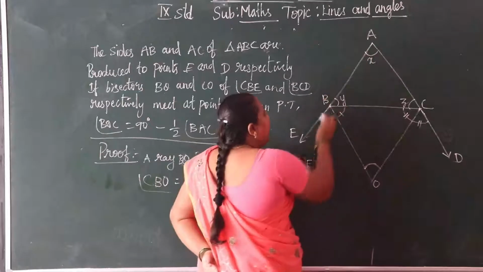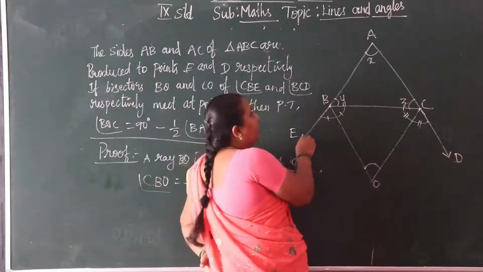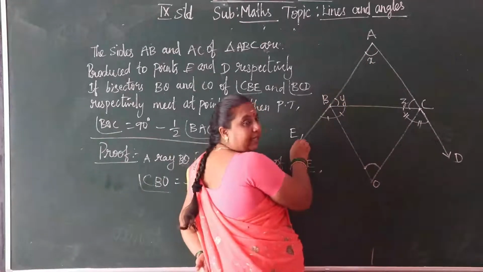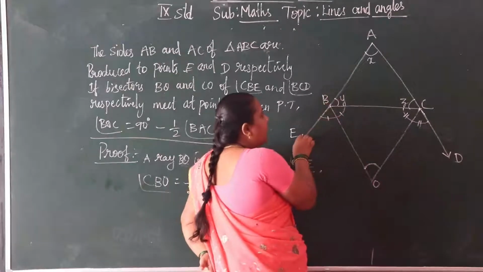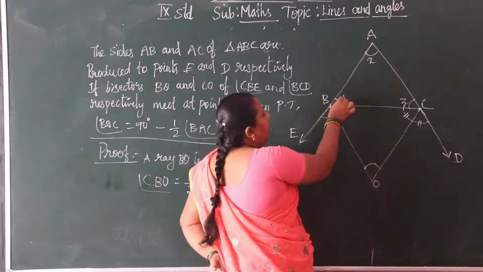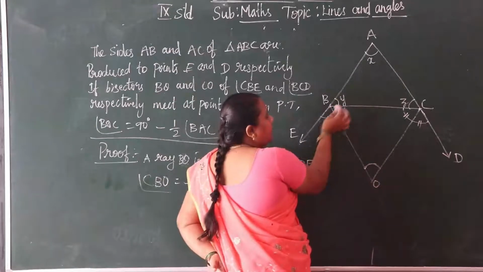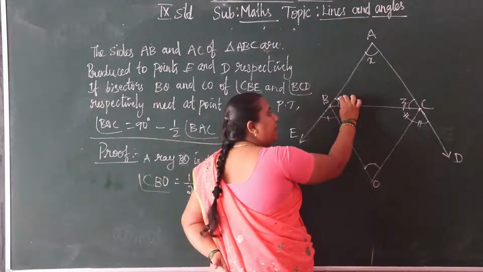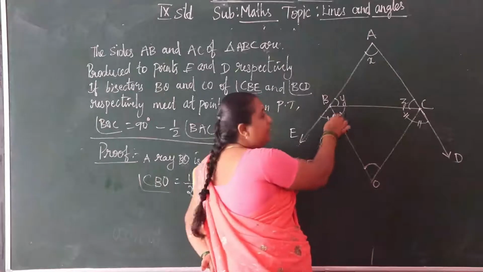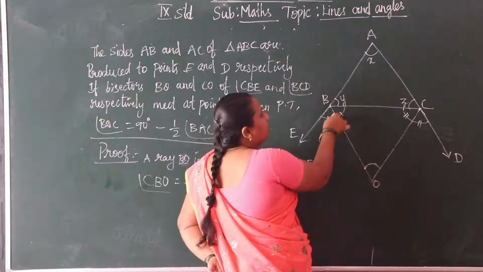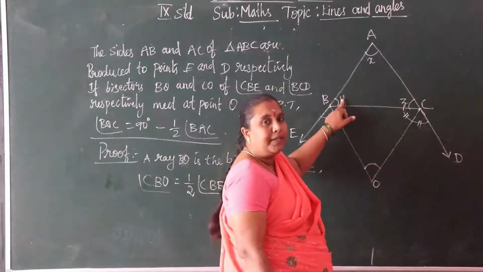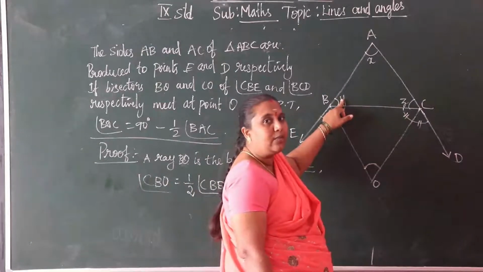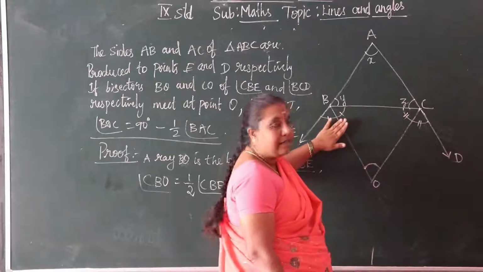See, AE is a straight line. We are producing AB to E, so AE is a straight line, which means 180 degrees, and angle Y is supplementary to this angle. So 180 degrees minus Y equals this angle.